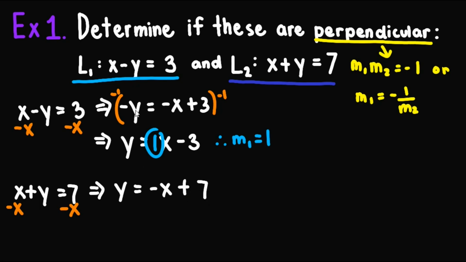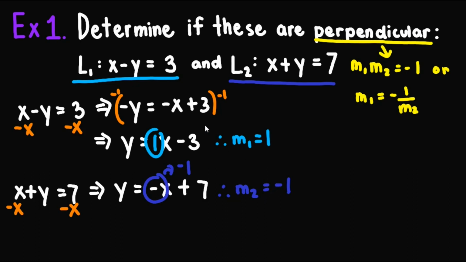So now that it is in the slope-intercept form, we take note that since there is a negative here and there isn't a number out here, then we know that this must be negative 1. So the second slope is given by negative 1.